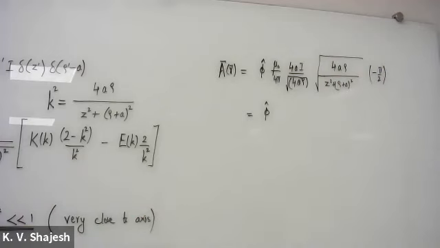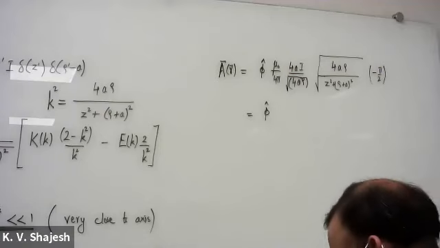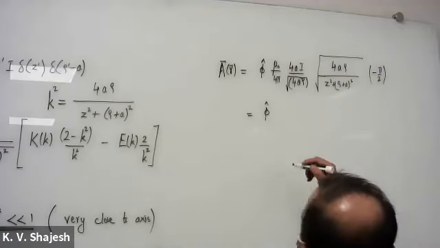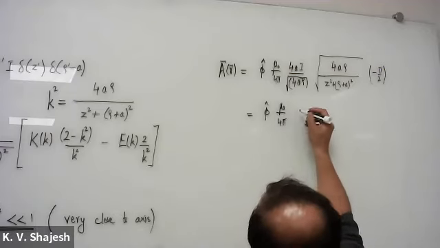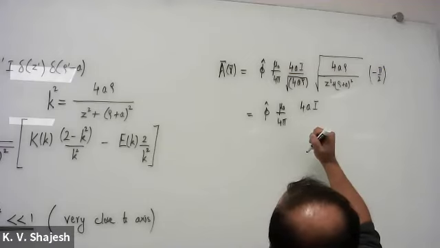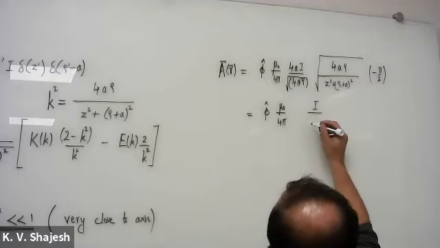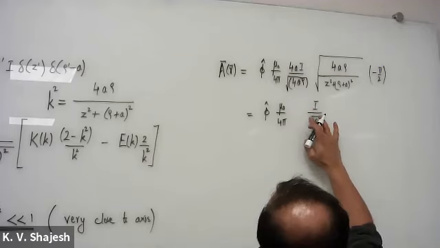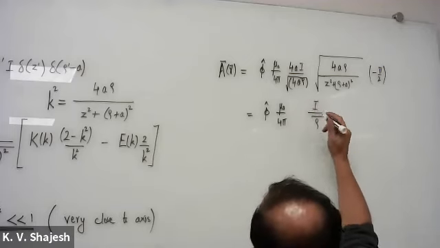But how do you say it? I mean, you shouldn't get contradictory things. Okay, let me interpret this. That's mu naught over 4 pi times 4a I, or I over square root of rho, right?